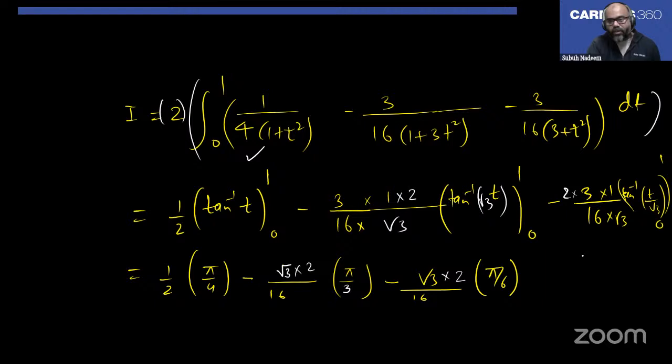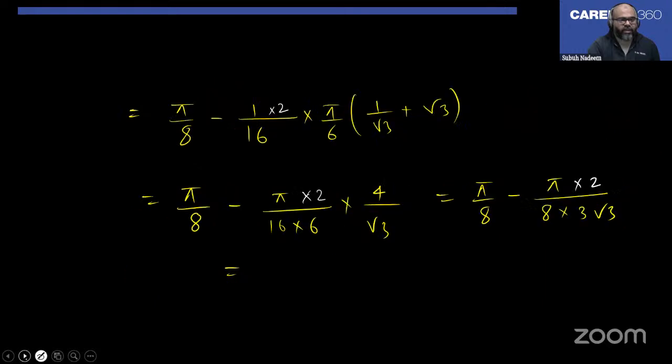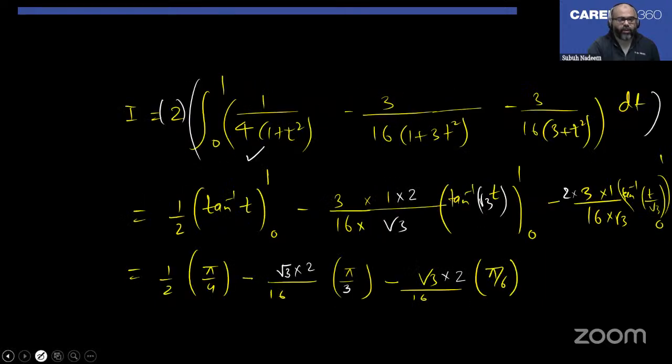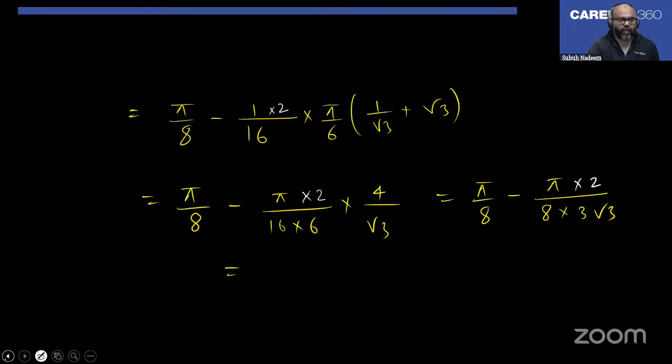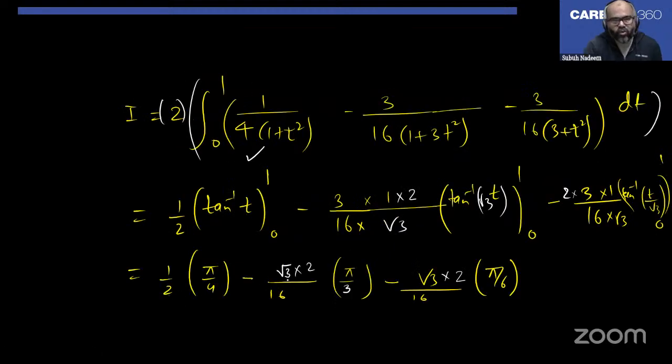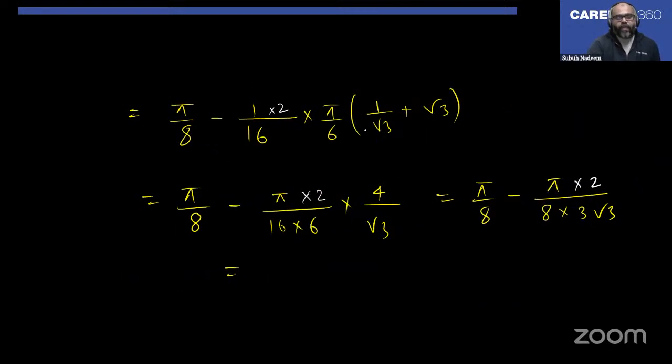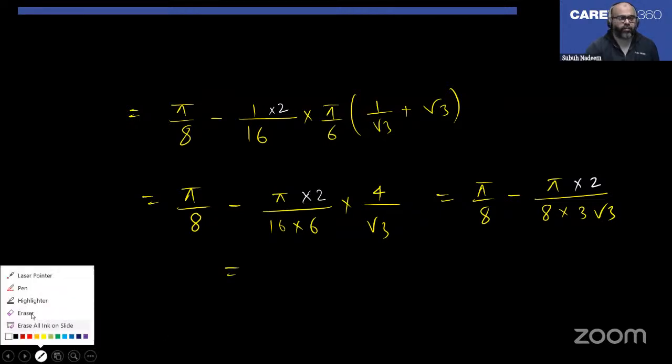Another term is 2 into root 3 by 16 tan inverse 1 by root 3, which is pi by 6. So it is pi by 8 minus 1 by 16 taken common, pi by 6, and 2 also taken common. So 2 root 3 will come here.